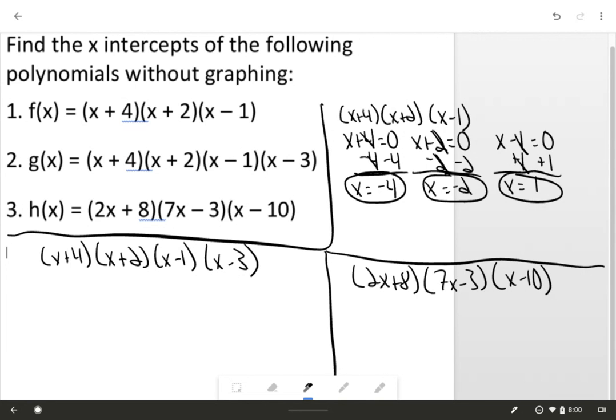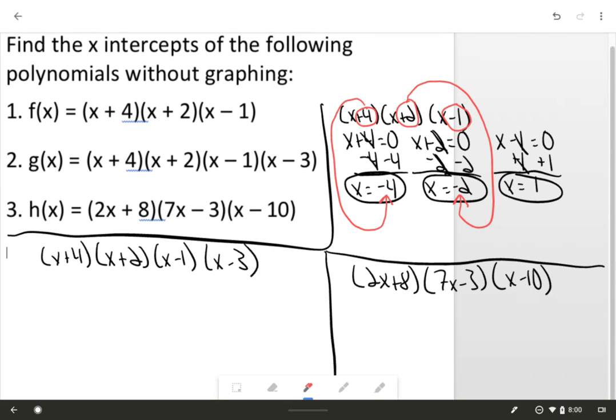Now, one thing I would like you to notice is that with the first factor we had plus 4, and then my x-intercept was negative 4. Okay. My second factor, I had plus 2. My x-intercept was negative 2.